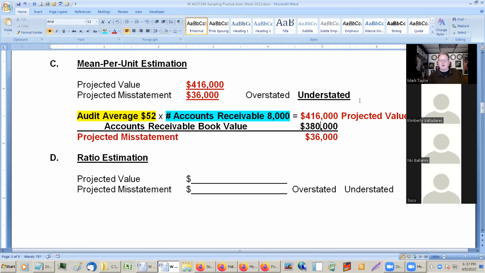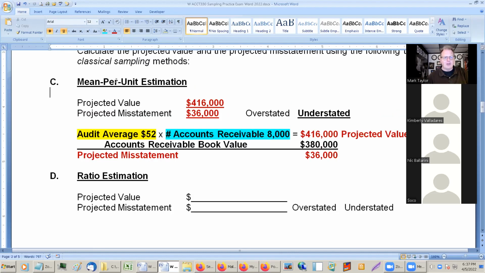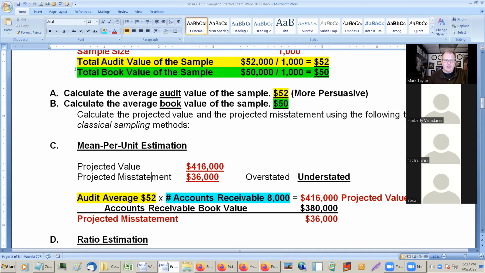So they are understated by 36,000. And the weird thing about the mean per unit is that it only takes into account the audit average. It ignores the book average. So if you're using this mean per unit method, you actually don't even need to do this.